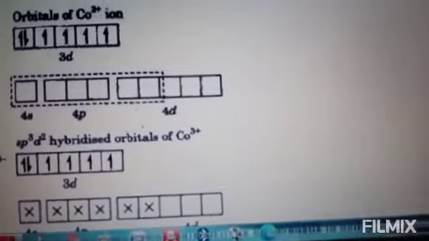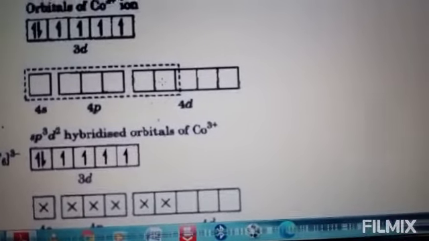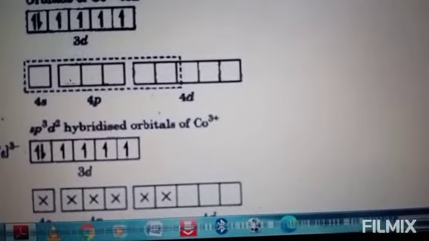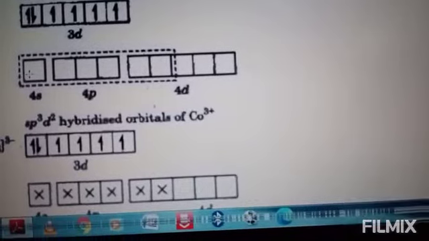Okay, so if you use one orbital from 4s, 3 orbitals from 4p, and 2 orbitals from 4d, then the hybridization becomes sp3d2 hybridization. Okay, clear?